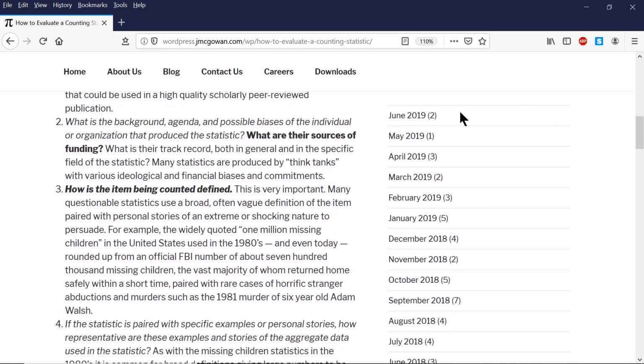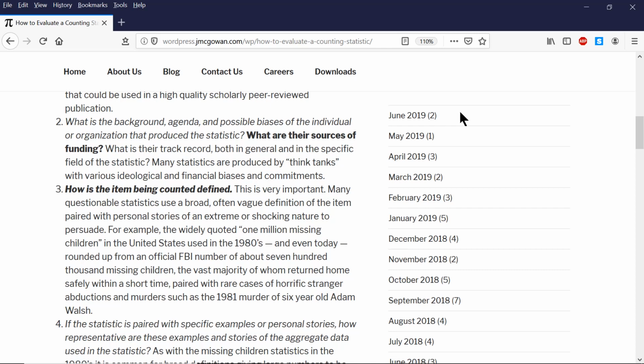They're typically produced by people, or more often organizations, think tanks, marketing research organizations, etc. You want to know who those people are, who's paying for it, how much money they get from it, what's their track record, both in general and in the specific field of the statistic. They might be experts in some other field and they aren't really that expert in the area of the statistics.